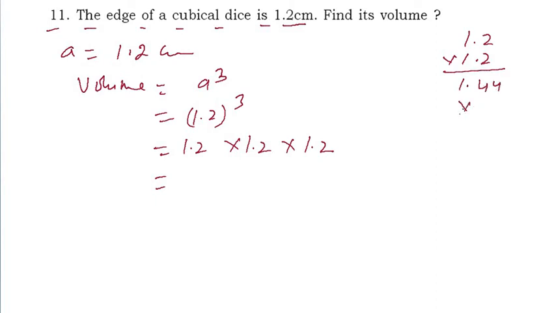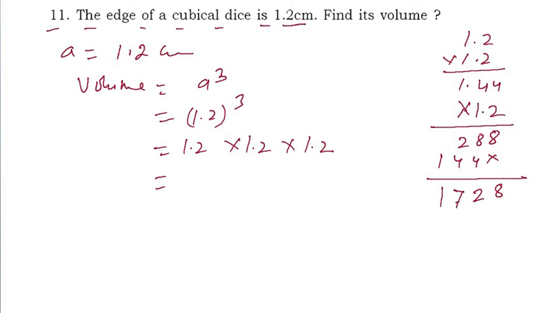Now once again multiply by 1.2. 2 times 4 is 8, 2 times 4 is 8 and 2 times 1 is 2. Now adding, 8 plus 4 is 12. Put the point up to 3 decimal places, 1, 2, 3. So it is 1.728 centimeter cube. So that one is your answer. So you can write the volume of this one.